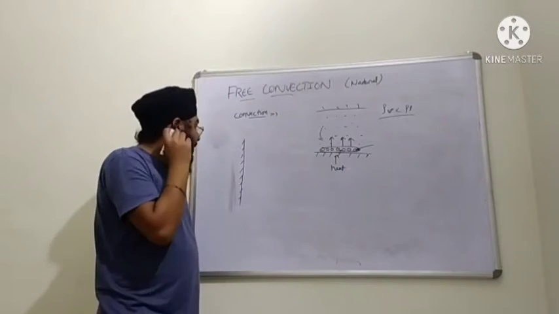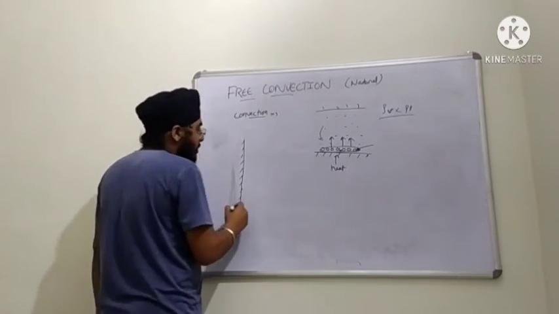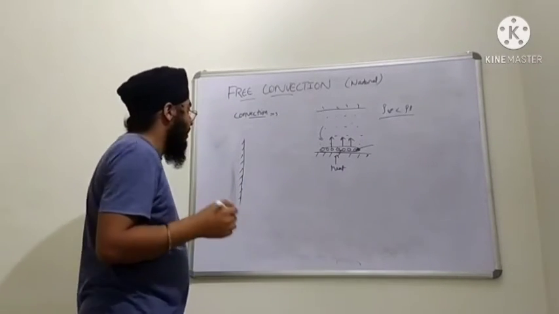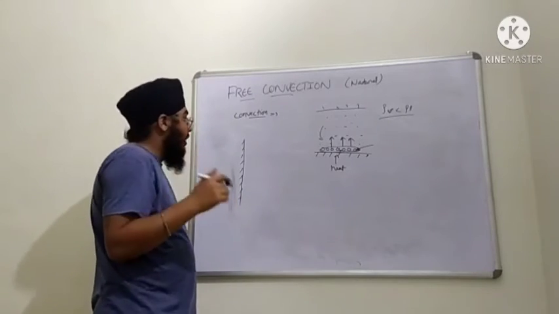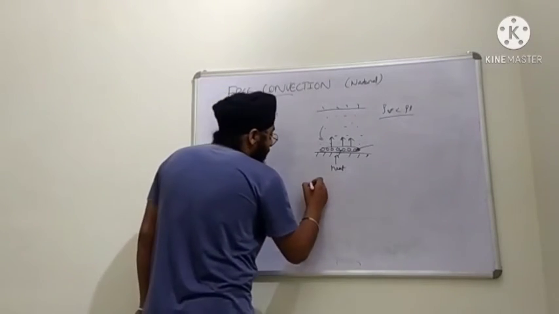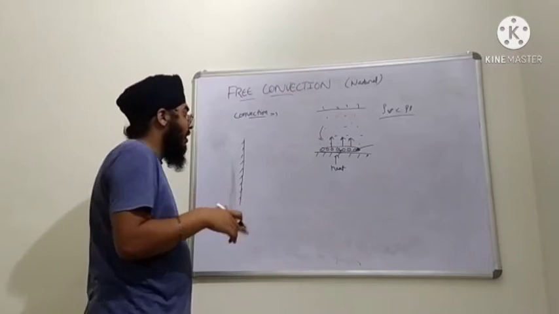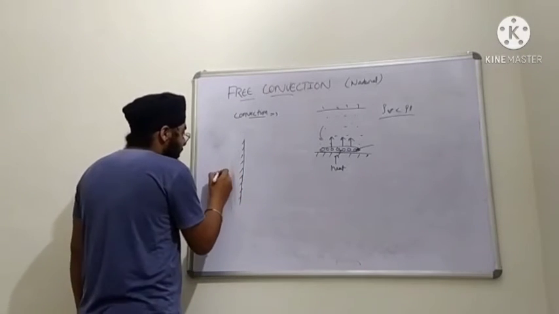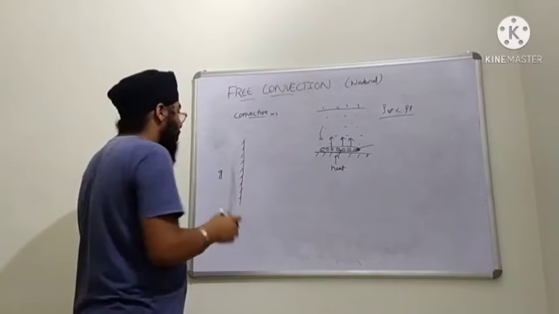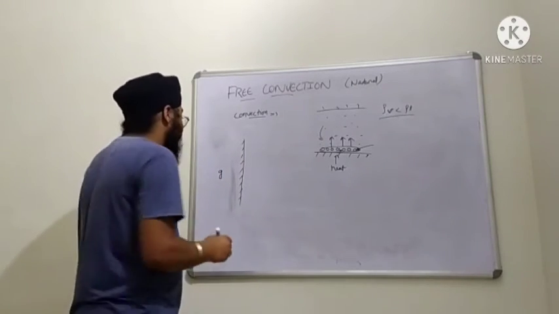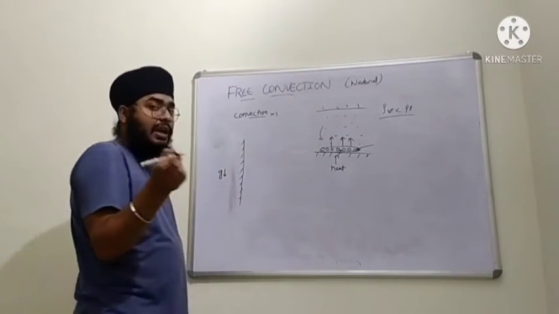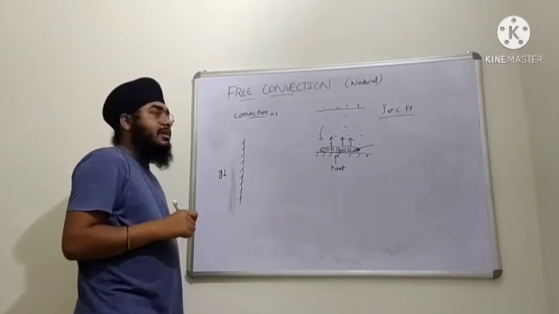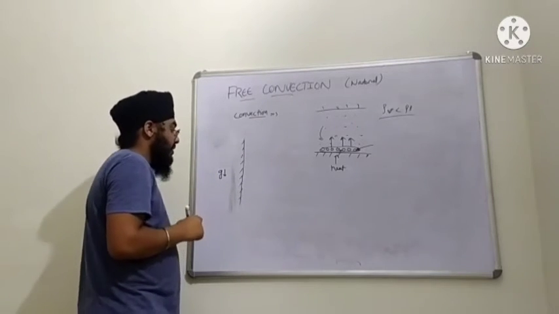In forced convection we know a boundary layer is formed, and we don't have to do anything. In that case we don't generally take gravity force, but gravity force is a very important concept in free convection. We will take gravity into account when we are discussing free convection.